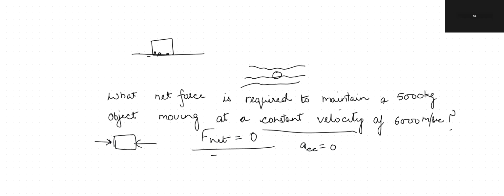Another example we can take is the sun and earth. The earth is relatively small. So Earth is moving with a relatively constant speed around the sun.